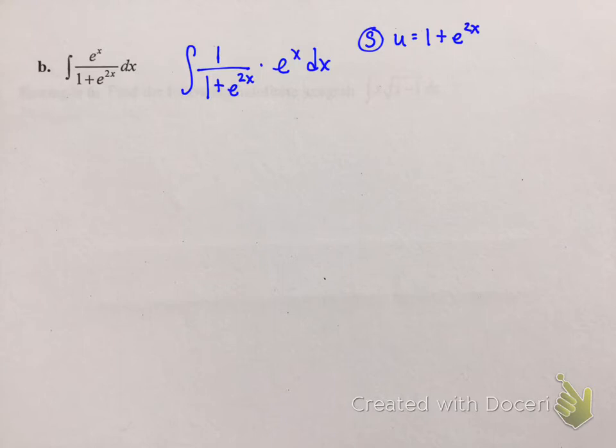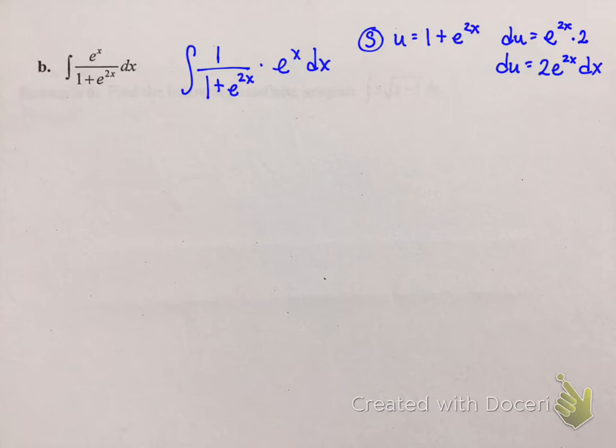If I take the derivative, du equals the derivative of e to the 2x, which is e to the 2x, and then I have to use the chain rule on that power, so it's multiplied by 2. So du equals 2e to the 2x dx. Does that work?